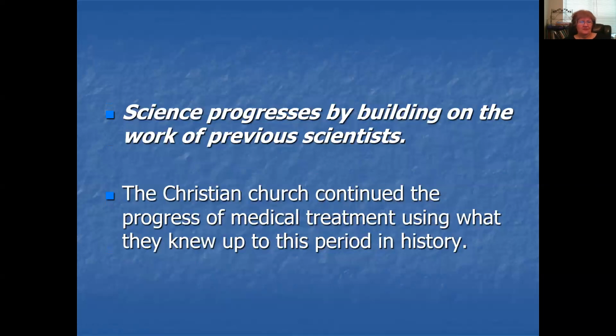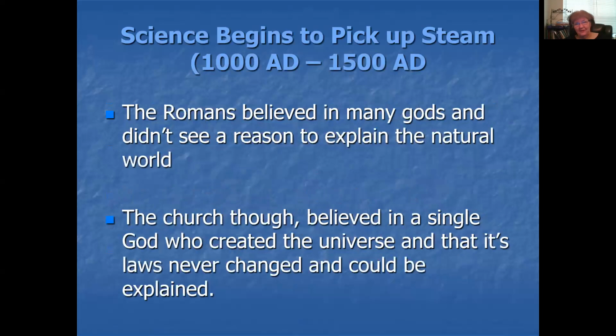And so even during this Dark Ages, they took the information that they knew, the treatments that they knew, and tried their very best to treat people and help them medically. Oftentimes it wasn't very good, but it was better than nothing. It really was. So we can thank the Christian church for, at least even during this Dark Ages, attempting to help people, right? All right, now get to 1,000 to 1,500.